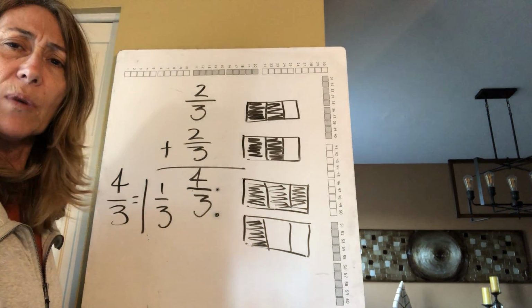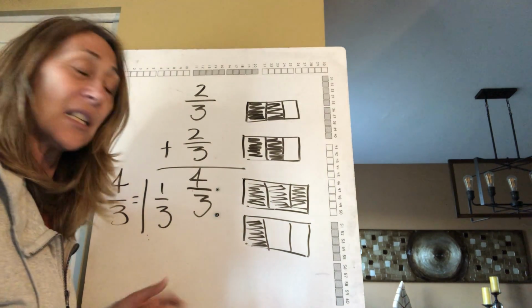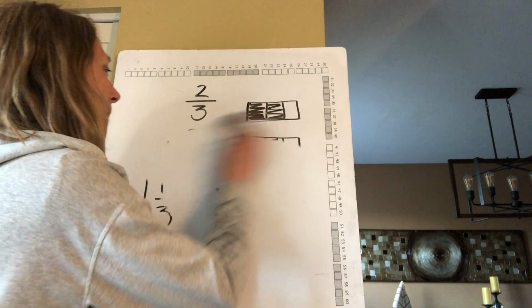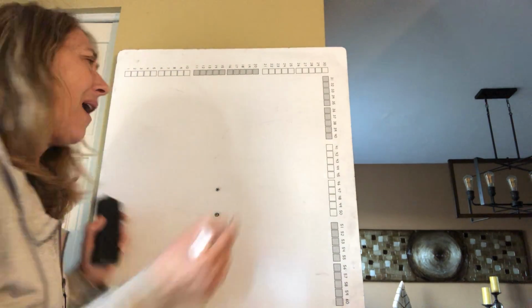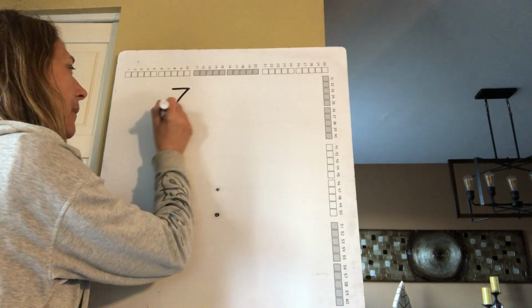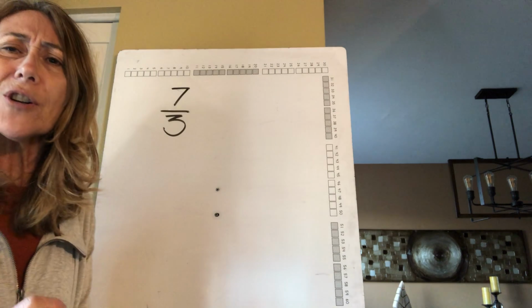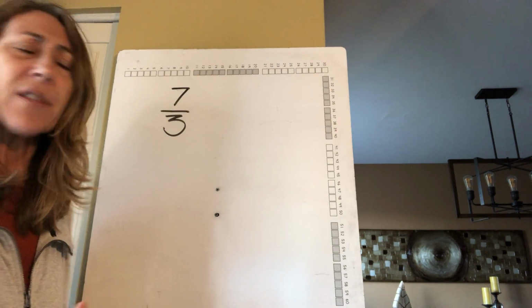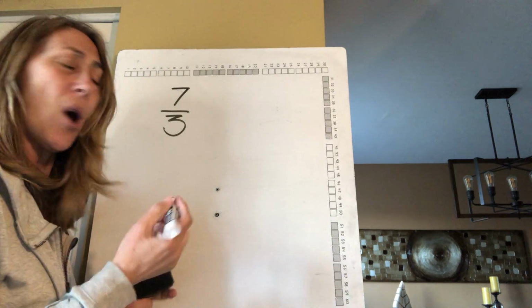I'm going to try another one of those fractions greater than a whole and turn it into a mixed number. I will do 7/3. 7/3 is a fraction greater than a whole because my bottom number tells me I need 3 pieces to make a whole.